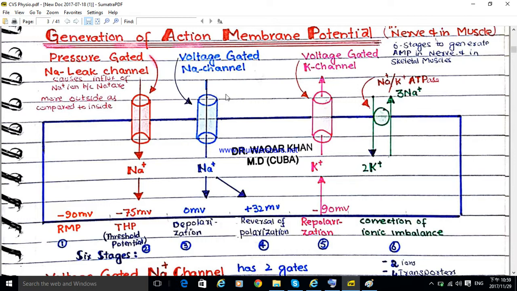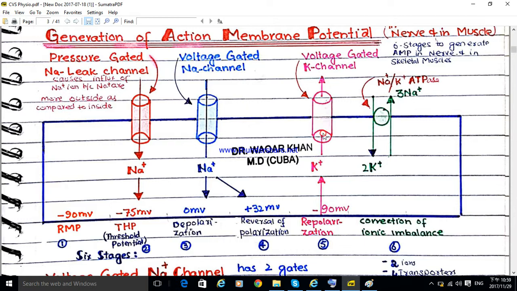Now all the steps have been completed: efflux of potassium and influx of sodium are done. Now we have to restore the ionic balance, because a lot of sodium has come inside the cell and a lot of potassium has gone outside the cell.